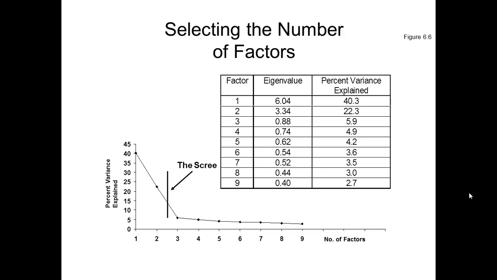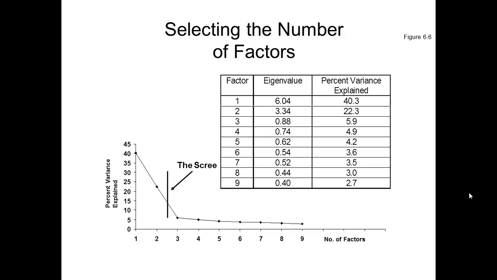So what this is showing you, selecting the number of factors, is 2 different charts. One is called the eigenvalue, and the other is what they call the SCREE, or factors that are before that. On this one, anything that is above the value of 1.0 would be what they would consider as useful information.